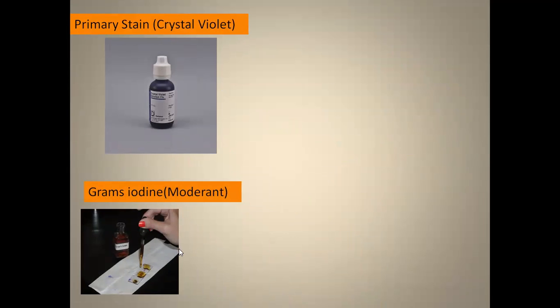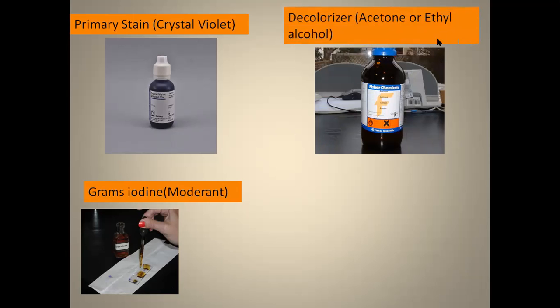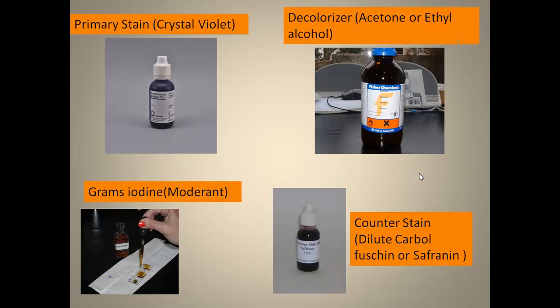Then there is the mordant, Gram's iodine, the decolorizer, acetone or ethyl alcohol, and then the counter stain, either dilute carbol fuchsin or safranin, as a secondary stain or counter stain.